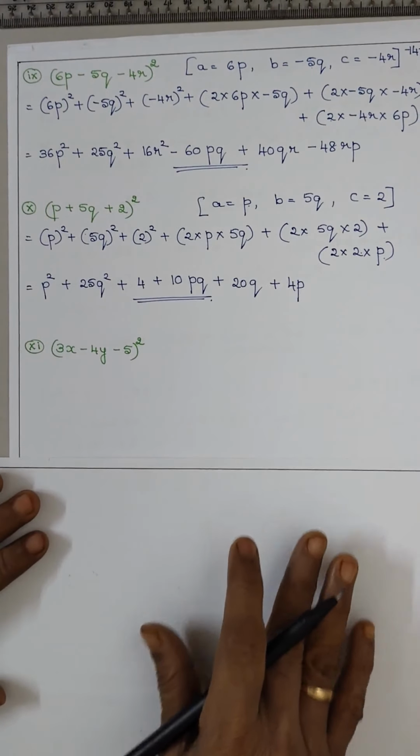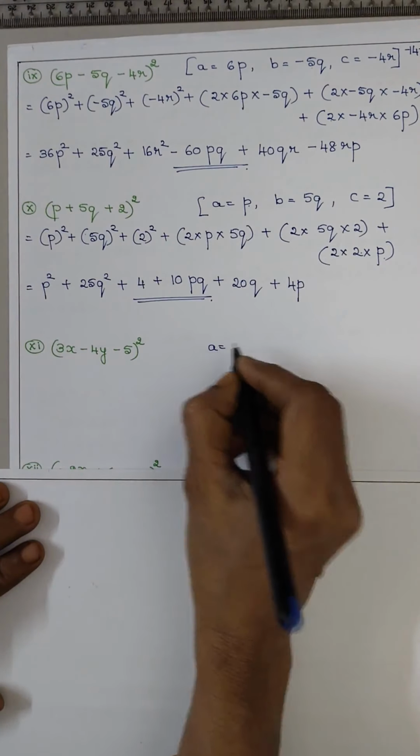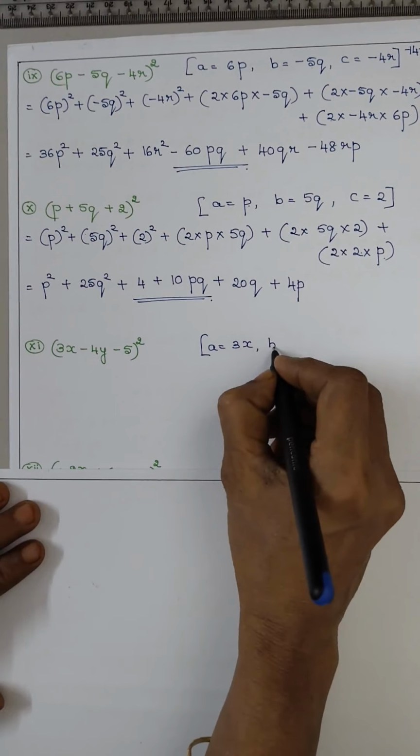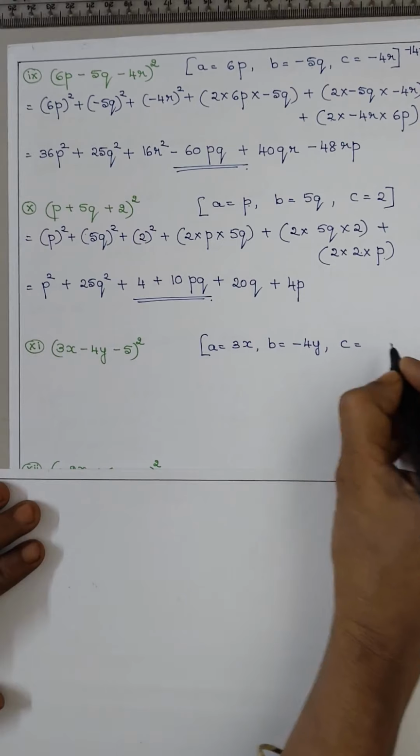Now the 11th sum. A is equal to 3x, b is equal to minus 4y, c is equal to minus 5.